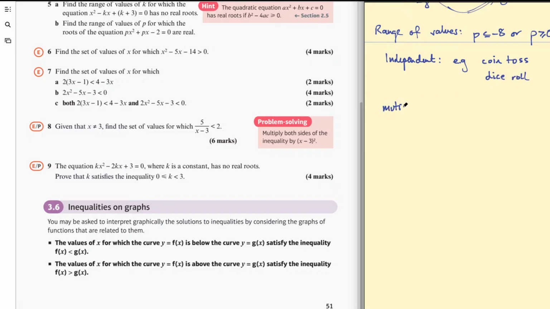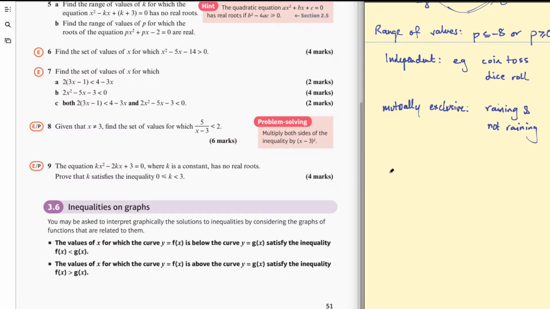Mutually exclusive. This is when things cannot happen at the same time. So this is like raining and not raining. It can't be both raining and not raining, it has to be one or the other.